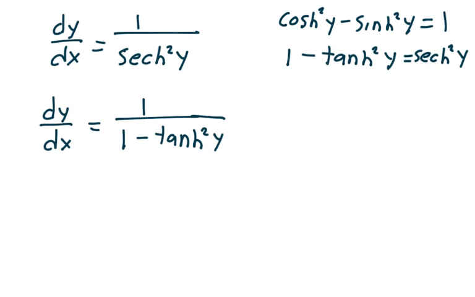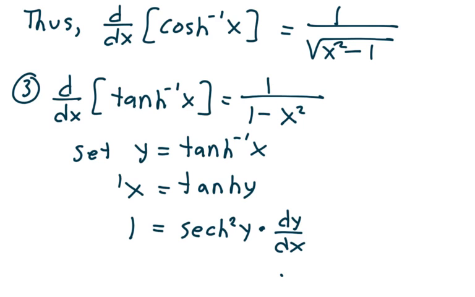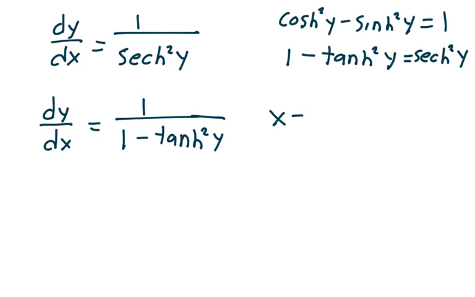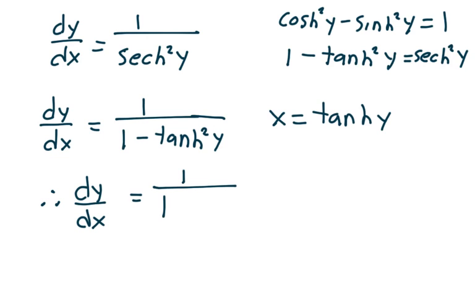But remember, x equals hyperbolic tangent y. So therefore, dy/dx is 1 over 1 minus x squared.